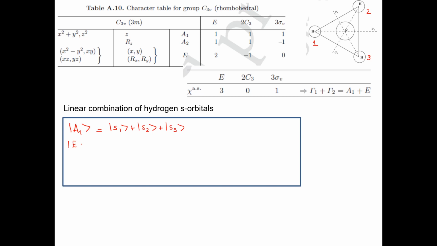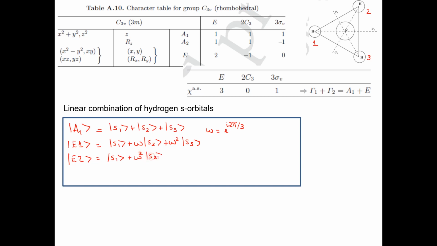The first partner we'll call E1. Then, if you remember, this is a linear combination with complex coefficients, in which omega is e to the i 2 pi over 3. And the second partner of this representation, E2, is equal to a similar kind of linear combination, but going the other way around the triangle.